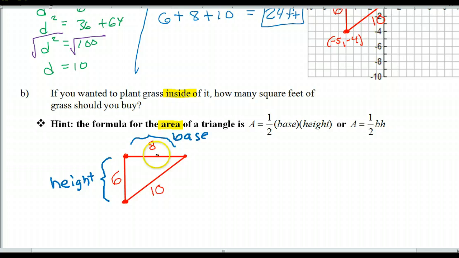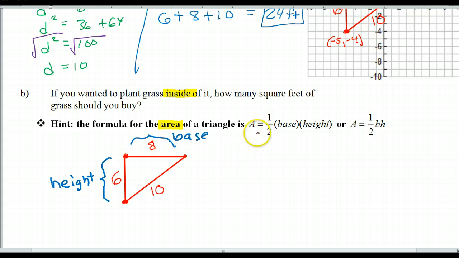So that's why it's natural to choose the 8 as the base and 6 as the height. But I want you to understand that we could have used the 6 as the base and the 8 as the height, and we still should get the same answer. So, I'm going to go ahead and do it this way.